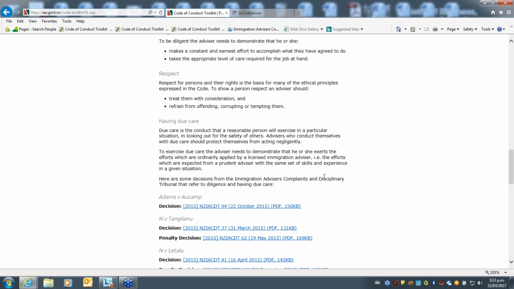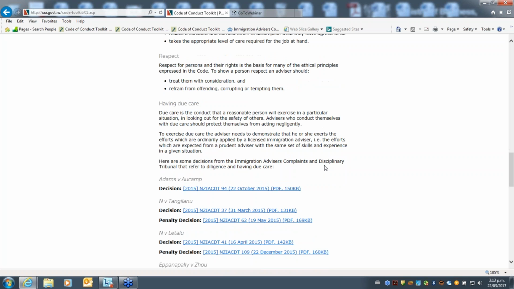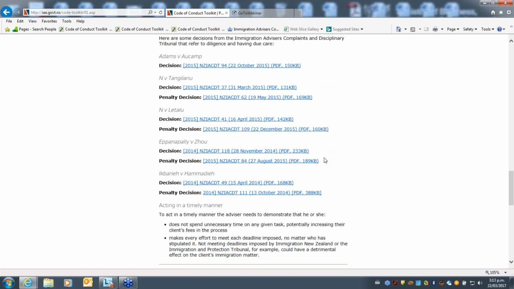And when advisors don't take the time to take due care in a particular case, that is when things can go wrong. And again, we've got a number of examples of decisions there.